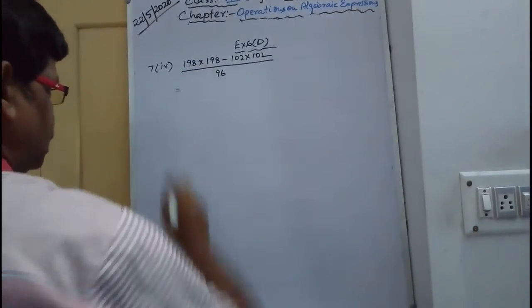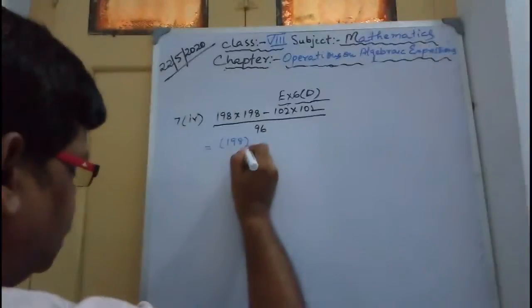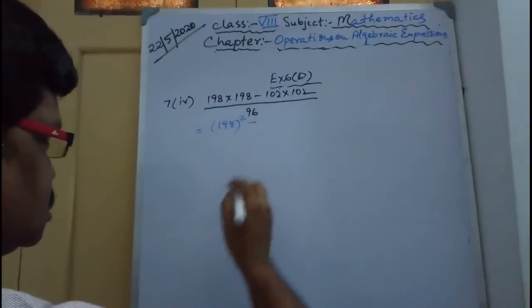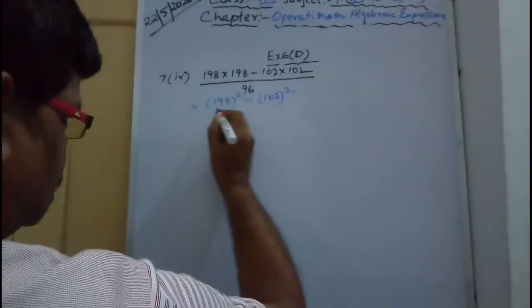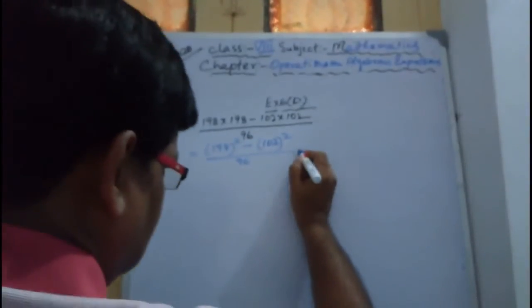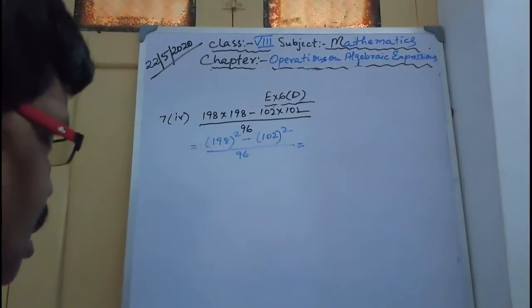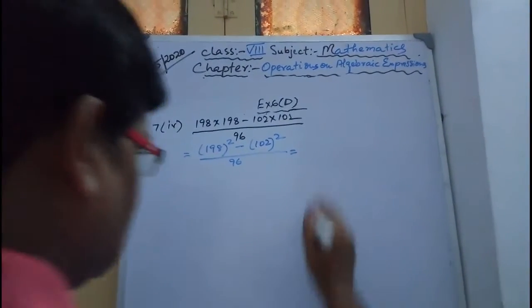So 198, 2 times is there, so write in power, 198 square minus 102 square by 96. So this is in the form A square minus B square.